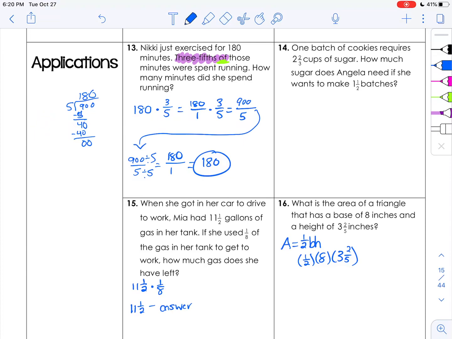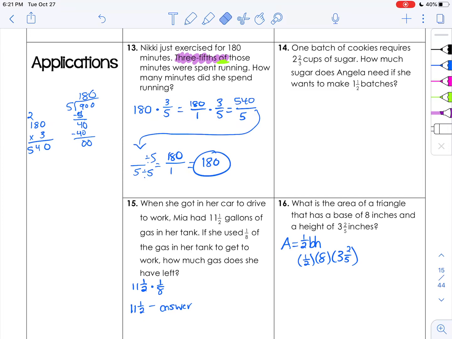So we want to do 180 times 3, not 180 times 5. So 3 times 0 is 0, 3 times 8 is 24, 3 times 1 plus 2 is 5. So instead of 900 here, I should have 540 in my numerator.